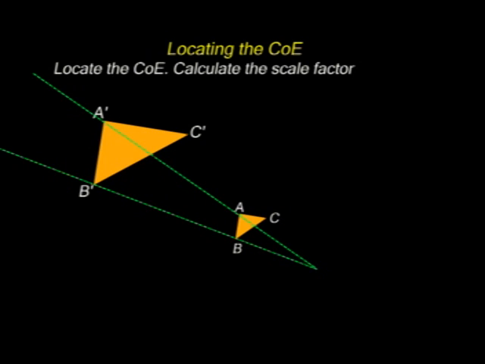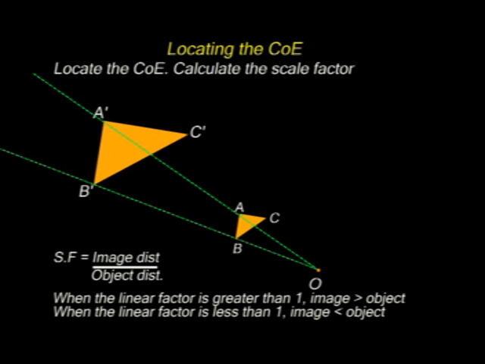The point at which the two lines converge is the center of enlargement. Now to find the scale factor, you divide the image distance over the object distance. You can take OA prime over OA or OB prime over OB, it doesn't matter. Now notice that when the scale factor is greater than 1, the image is larger than the object. If the scale factor is less than 1, the image is smaller than the object.